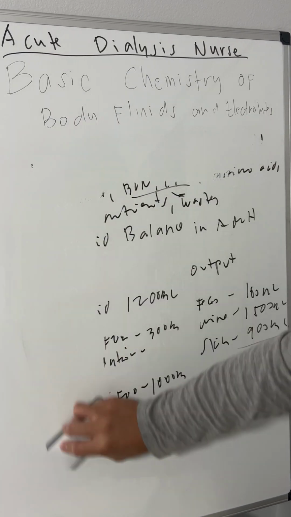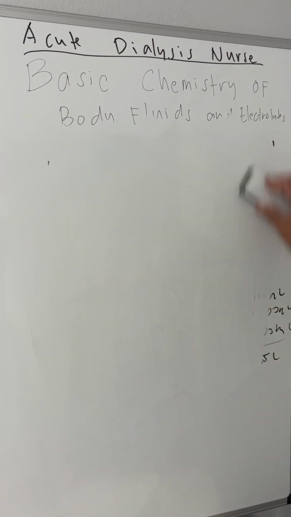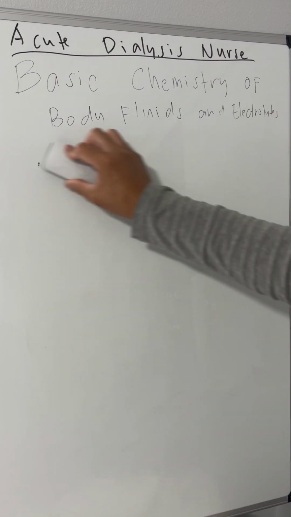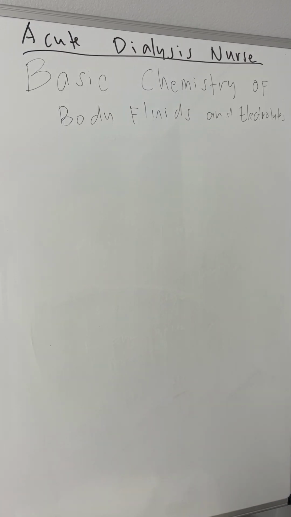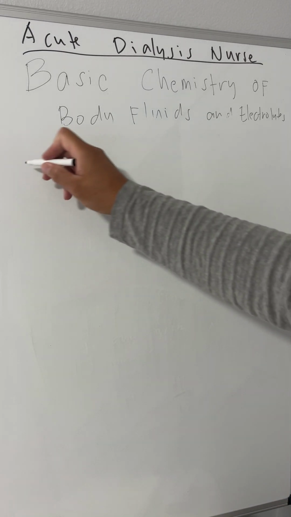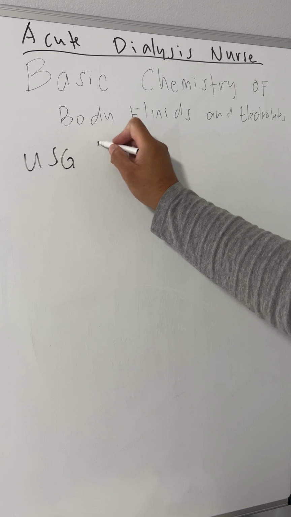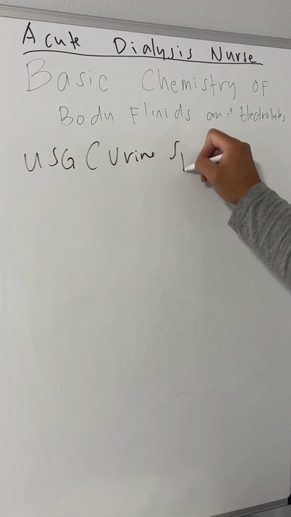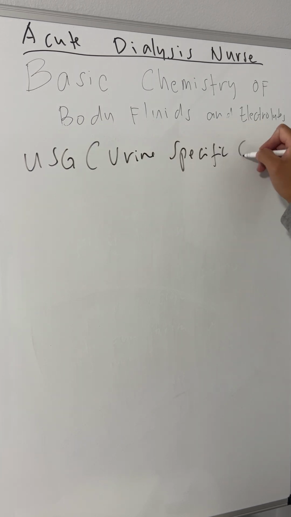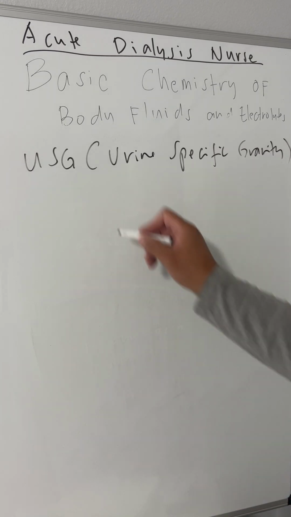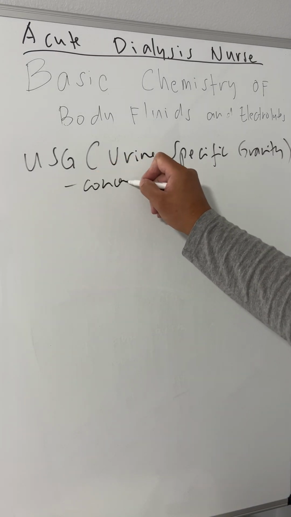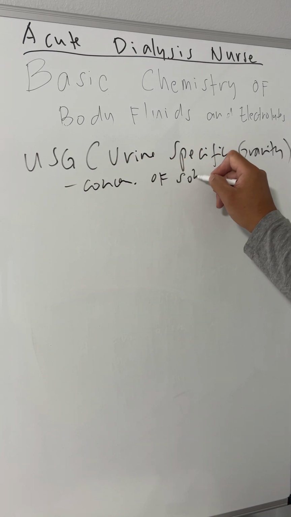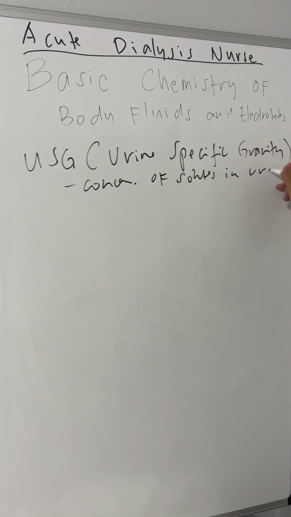Okay, so lastly, we will discuss USG, urine specific gravity. Urine specific gravity measures concentration of solutes in urine.